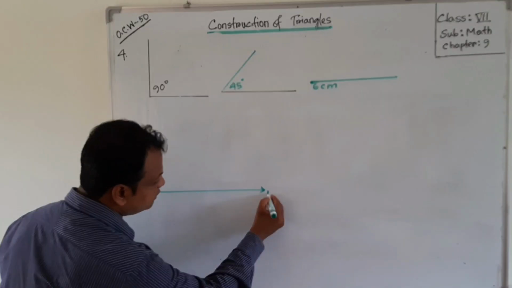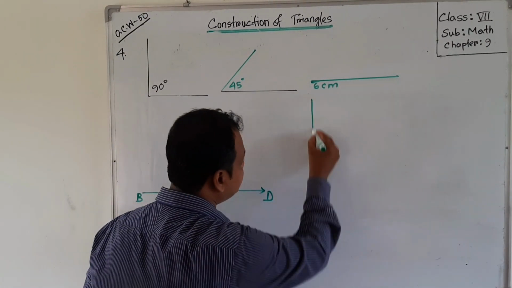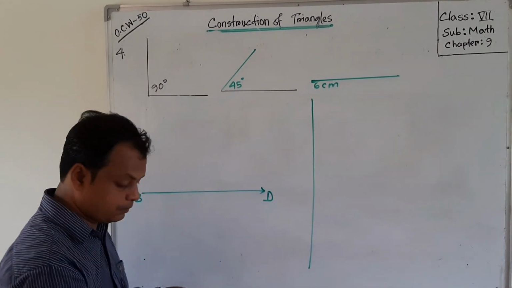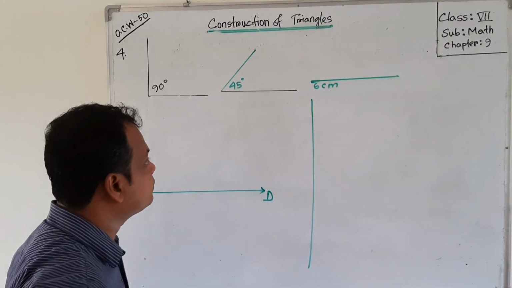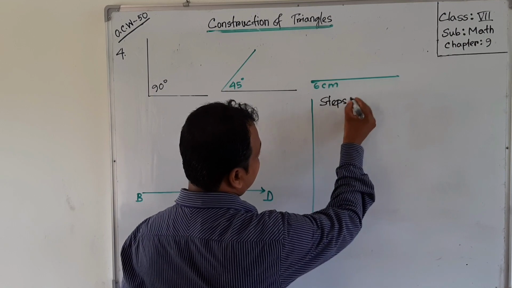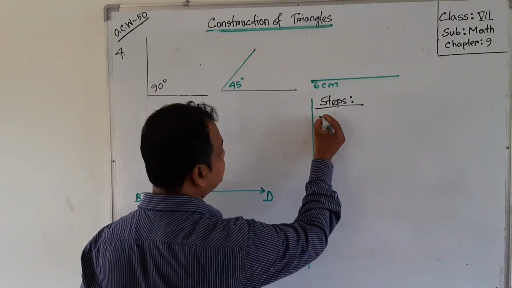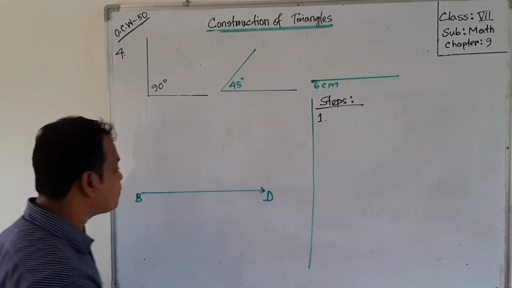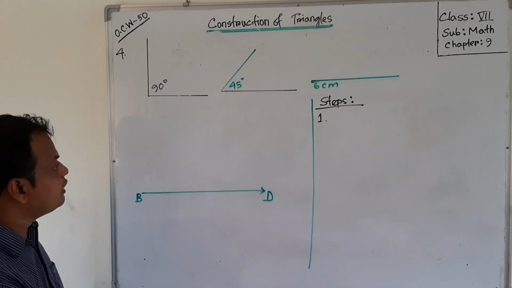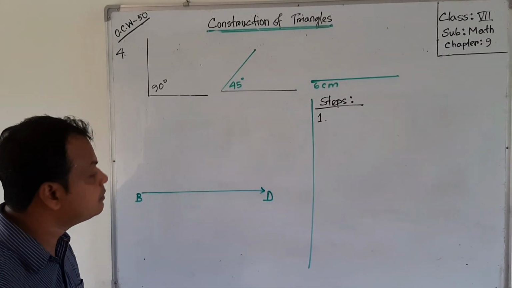And we'll write the construction part here. Steps. So these are the steps of construction. So number 1 point, from BD, we will take 6 centimeters. Taking the pencil compass, we will cut BC equals to 6 centimeters.